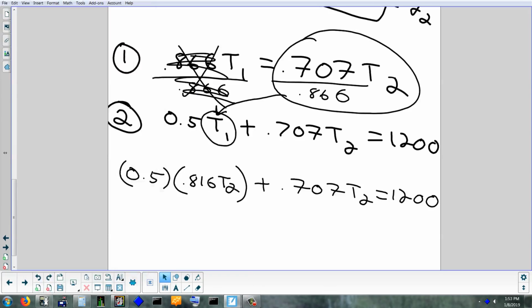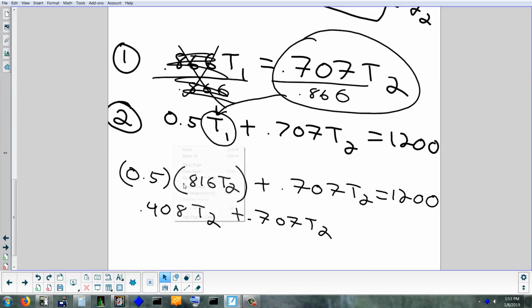Someone with a calculator, could you just tell me what 0.816 times 0.5 is? 0.408? Yeah, I'm sure that's right. 0.408. The next one I can't do in my head though.